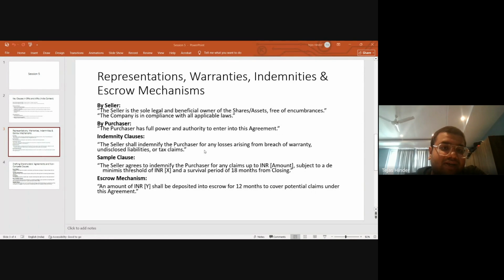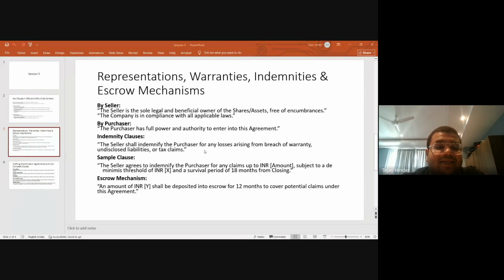As far as representations and warranties go, by definition, representations are statements of fact made by a party, which is usually the seller, as of a specific date, which is typically the signing or closing date. Warranties, on the other hand, are promises that a particular state of affairs is true, providing a contractual basis for remedy if the statement proves false.